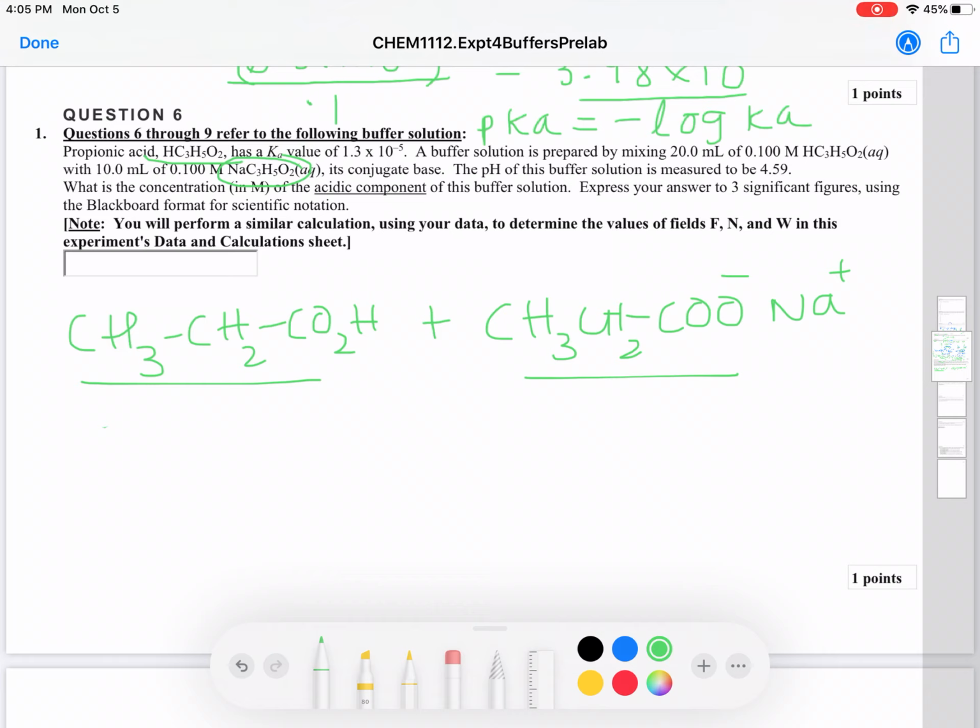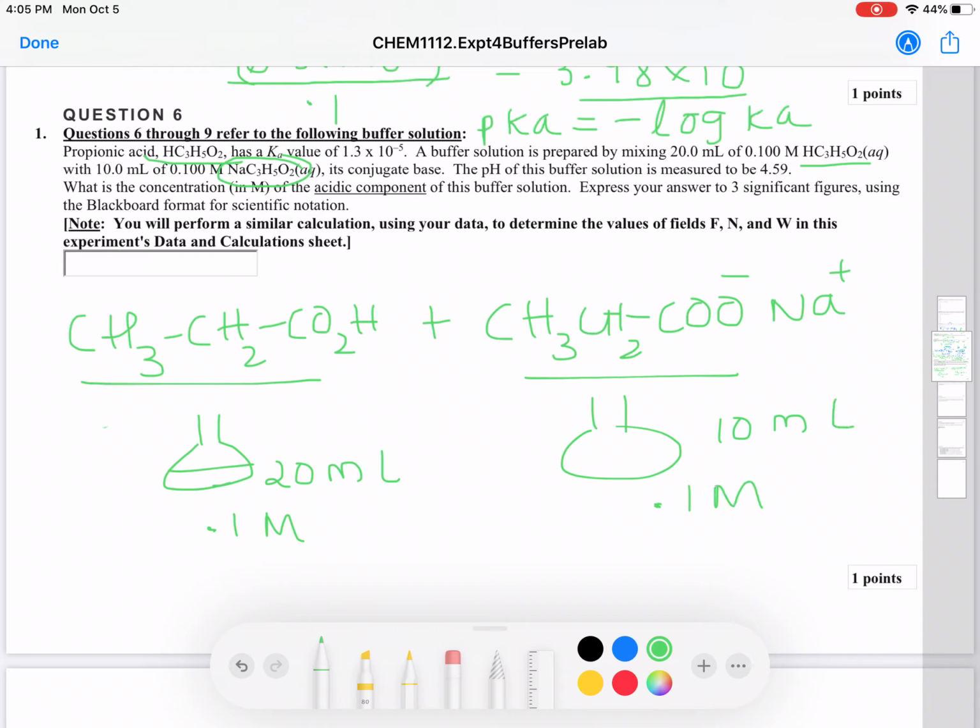Now how are we going to make this buffer solution? Mixing 20 milliliters of propionic acid, molarity 0.1 molar, and then 10 milliliters of 0.1 molar sodium propionate.